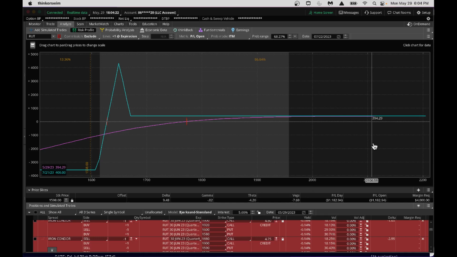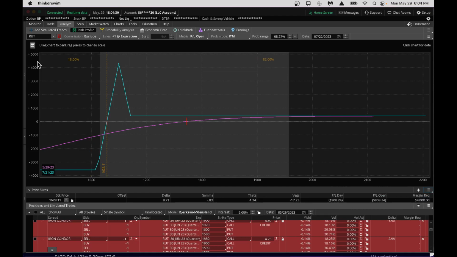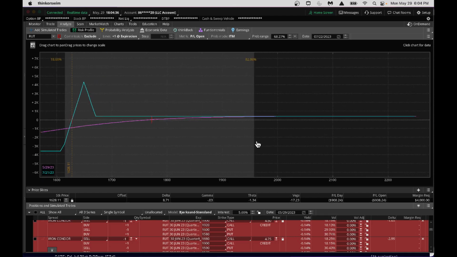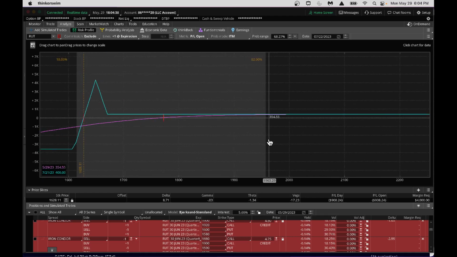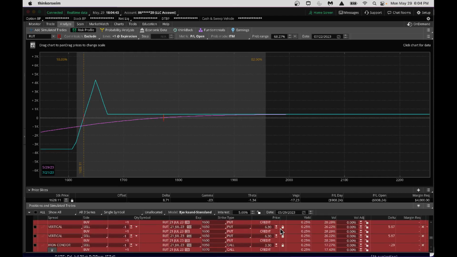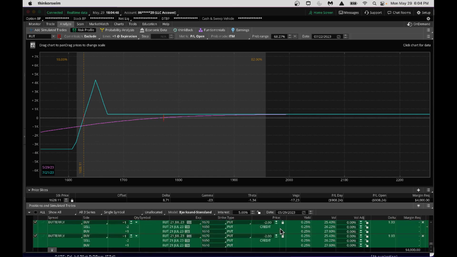We got everything set to go here. Just want to make sure we got everything properly. Look, we got two butterflies, 1670, 1650, that's good. All right, so I think we're good here.